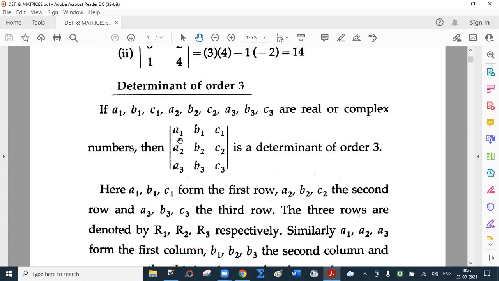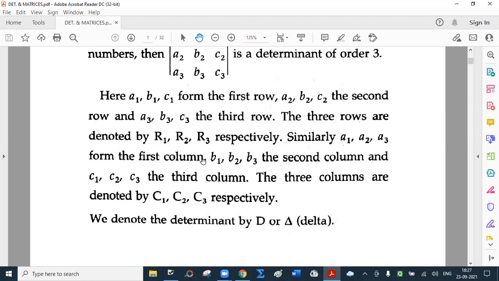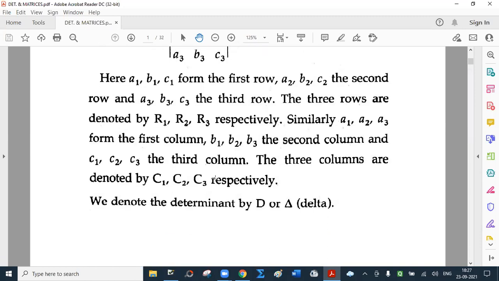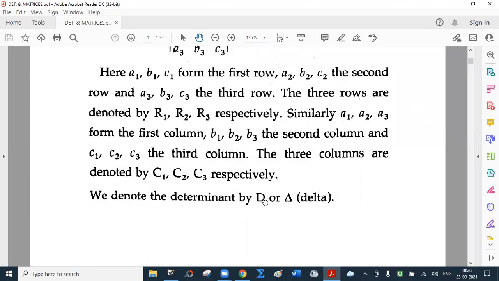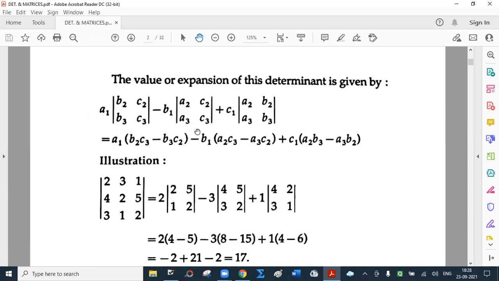So A1, B1, C1 are first row elements, A2, B2, C2 second row elements, A3, B3, C3 elements in the third row. What are the elements in the second column? Vertical line is column. So B1, B2, B3 are elements in the second column. Now we usually denote a determinant by D or delta. Determinants are denoted by capital letters and the elements of that determinant by corresponding small letters.